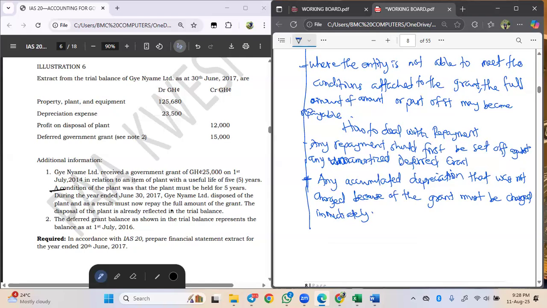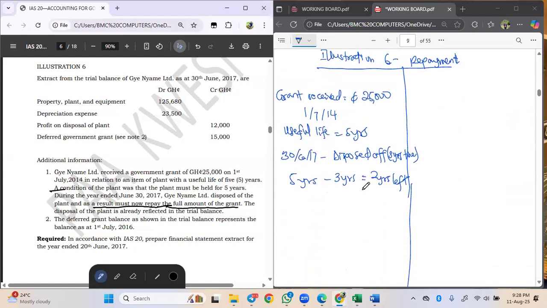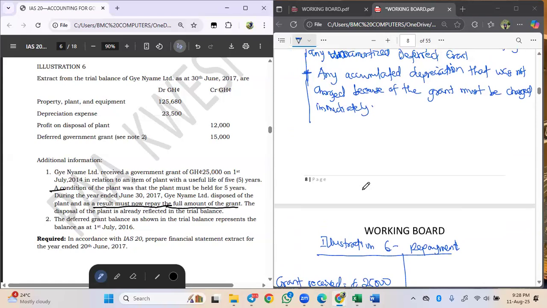So this one was the punishment, let me put it that way. And as a result, they must now repay the full amount of the grant. So you've breached the condition, so you should pay the full amount of the grant.